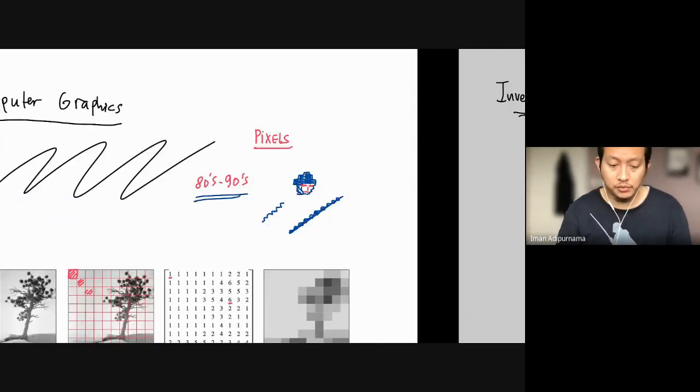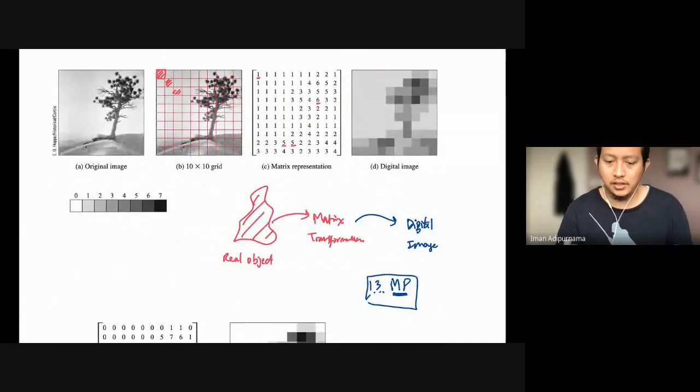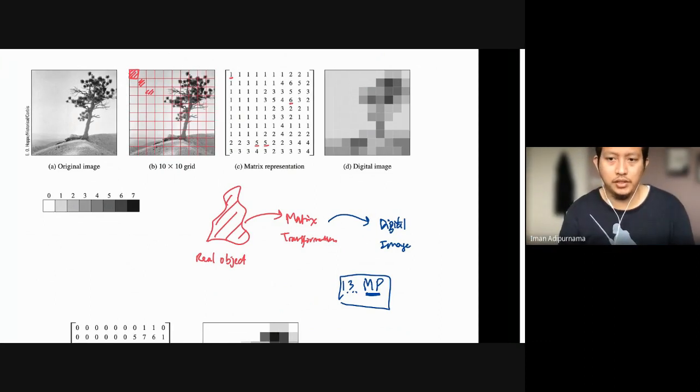We need to transform the matrix to do something like imaging like this. This is visual imaging, using the matrix for transforming the real image into a beautiful image.